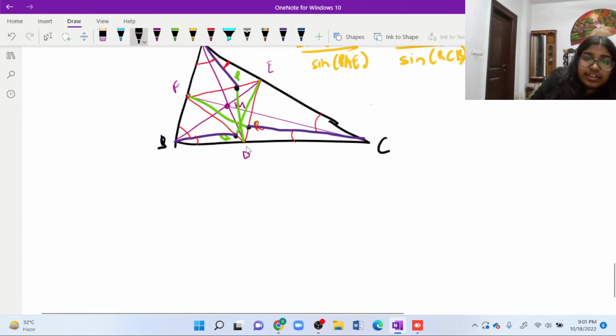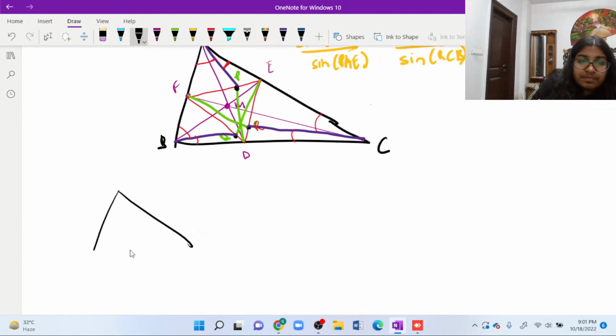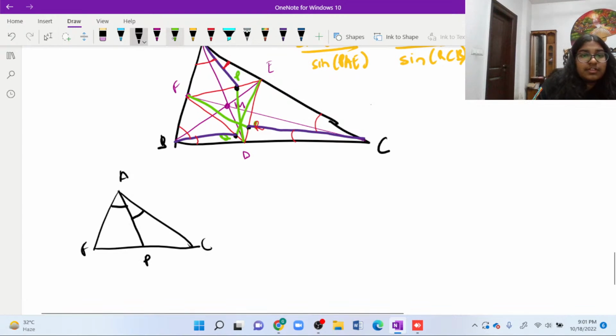So if you look at triangle AFE by itself, and this is point P, we need this angle by this angle.